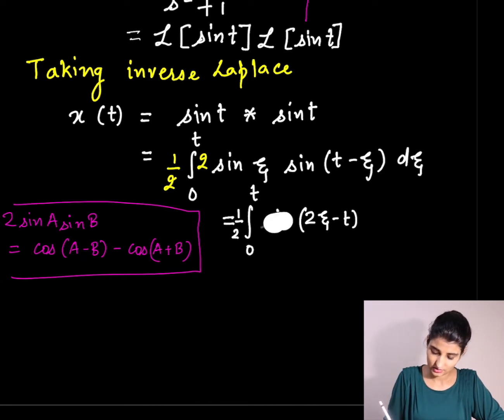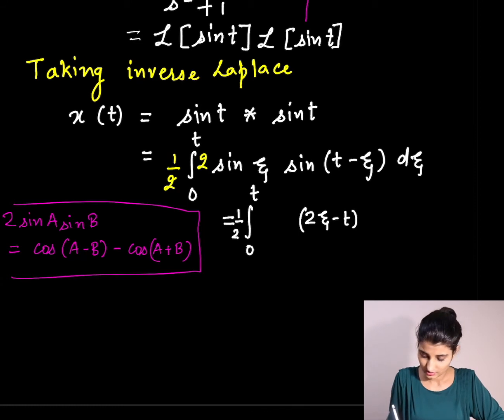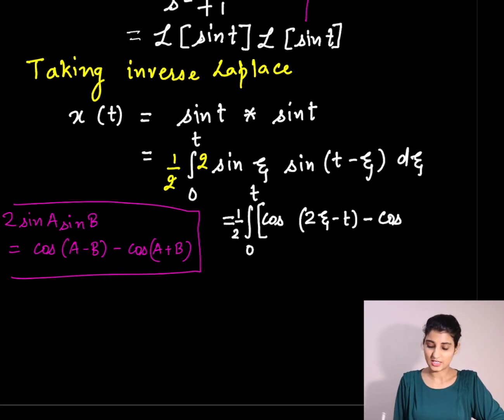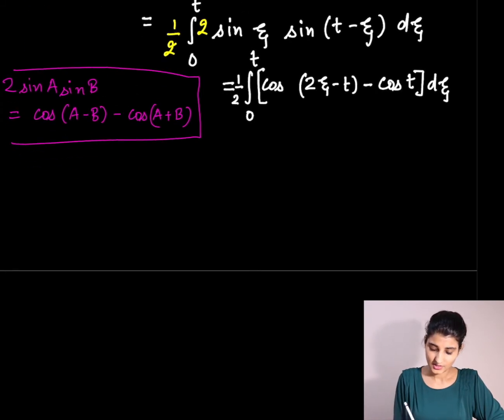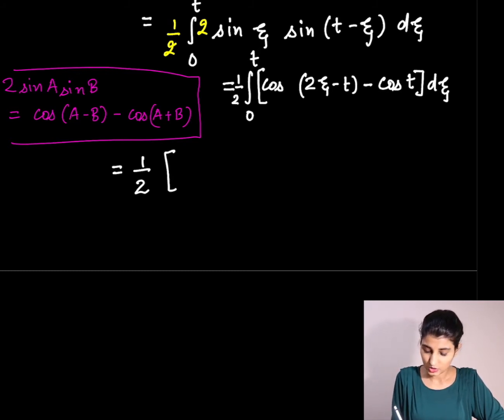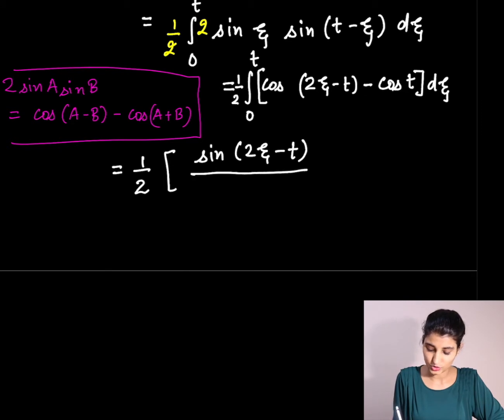cosine, should say cosine, minus cosine of the sum of the angle, which is going to be t d xi, right? So we have 1/2, cosine integration is sine 2 xi minus t, and we divide by the coefficient of the variable we are integrating with respect to.